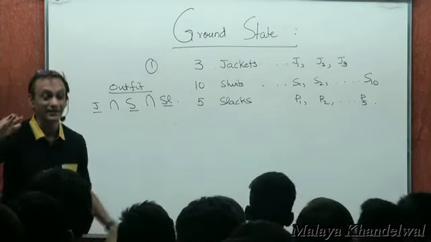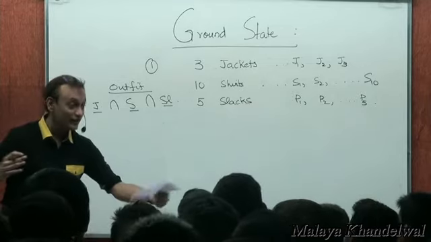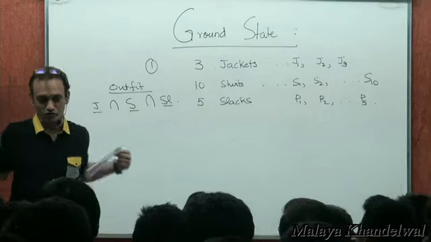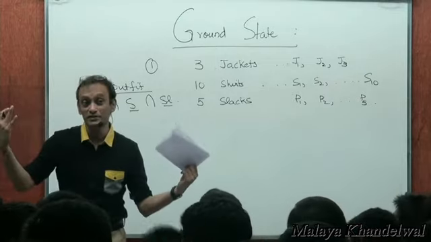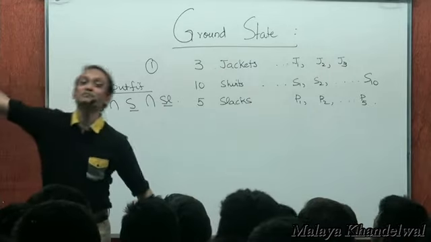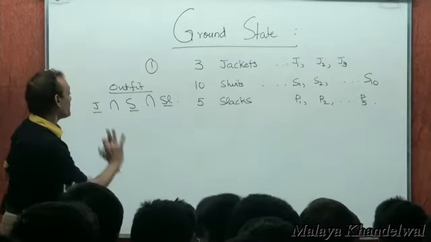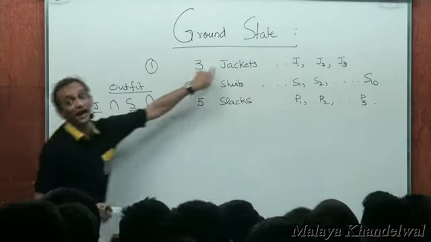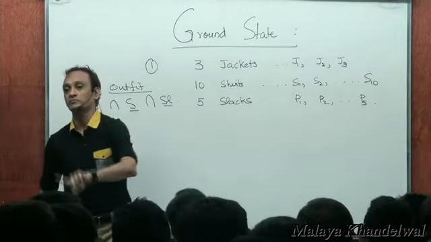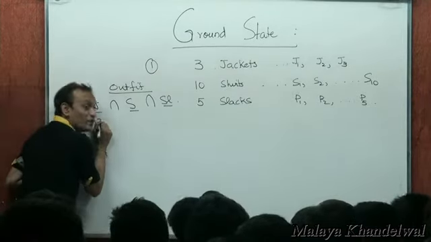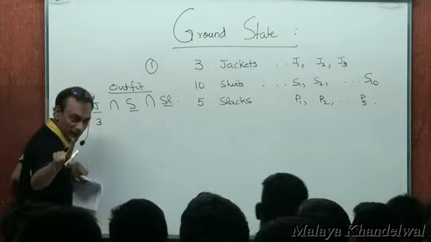You're not going to say you can wear a jacket like this or like this. That's possible, but that's mad behavior. So, 3 jackets available, he could wear any one of them. So a jacket could be worn in 3 ways.